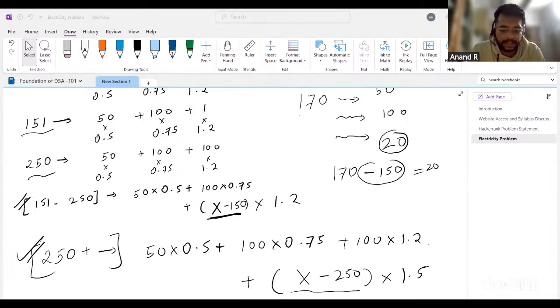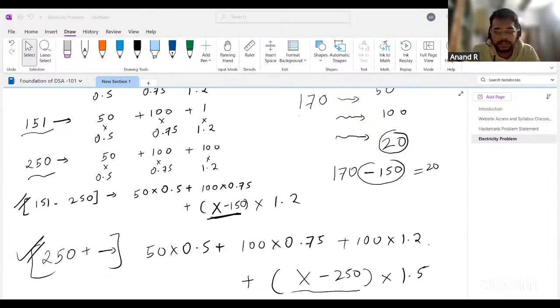Now, can I say that if the number of units is less than or equal to 50, then the formula is x into 0.5, right? That will be my cost. So can you tell me what should be the data type for this cost variable?